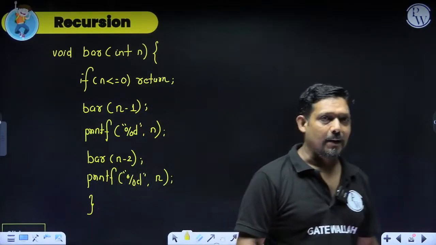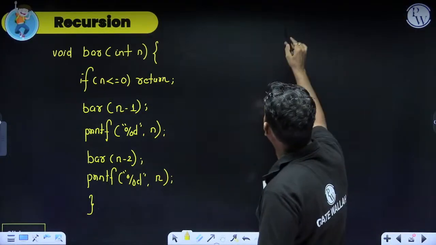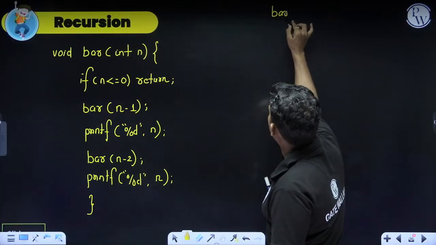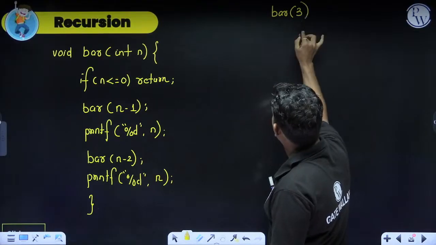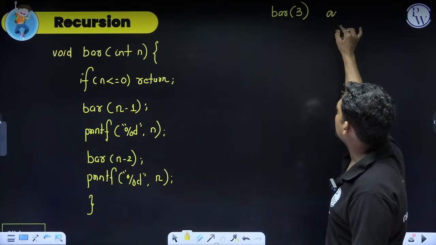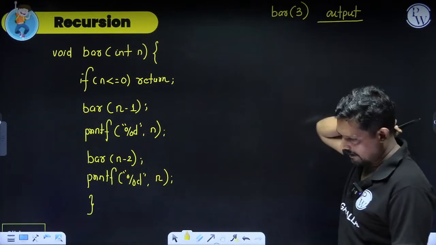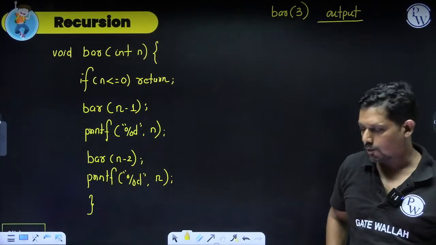But would you like to attempt this question for, let's say, execution of bar 3 only? What will be the output for bar 3? Please go ahead and answer that.